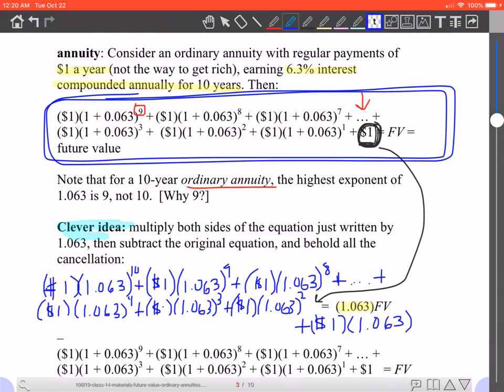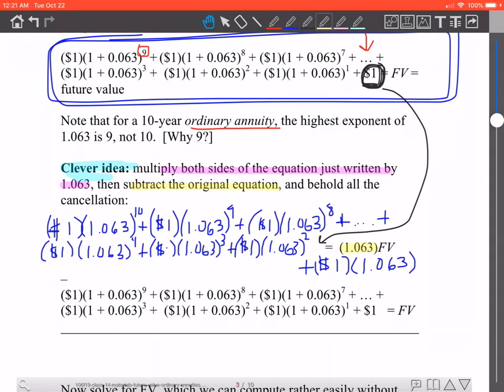Okay. So we just completed the first part of this clever idea where we multiplied both sides of the equation by 1.063. Now we want to do the second part, which is to subtract the original equation from the new equation we just wrote in blue. And what happens when you subtract these two number sentences? What terms do you notice are going to subtract to 0 when you combine them?